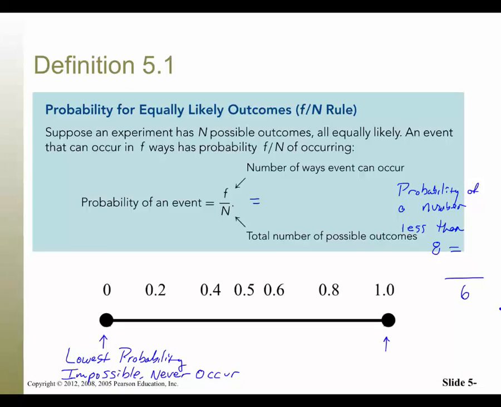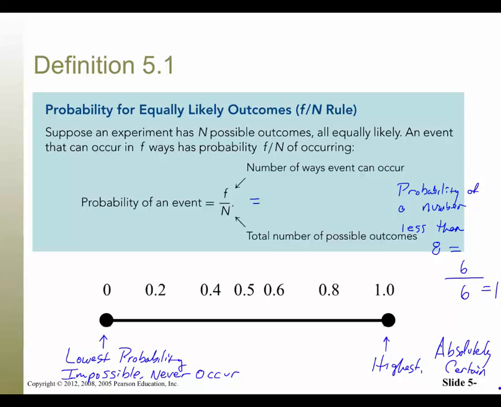And of those 6, how many are less than 8? All of them, right? Can we do any better than that? No. So that's the highest probability, 1, and it means absolutely certain. It's going to happen every time.